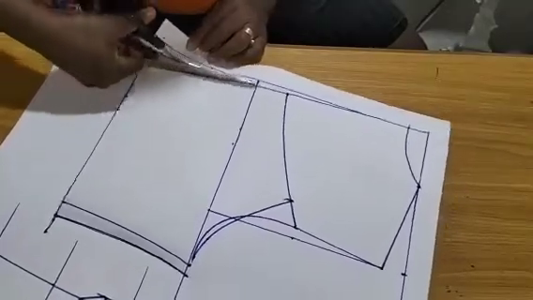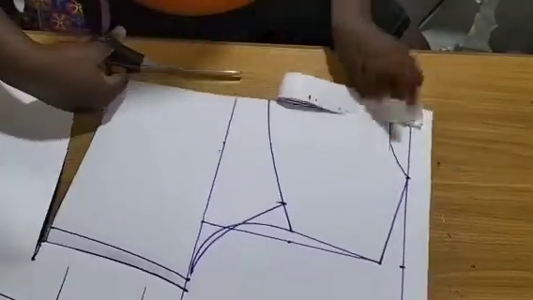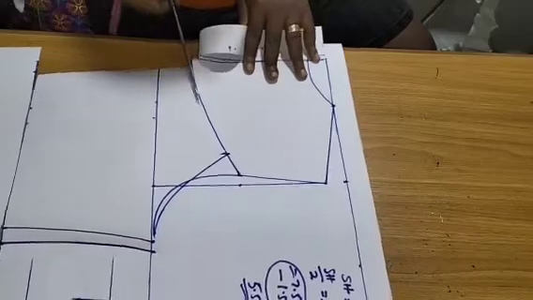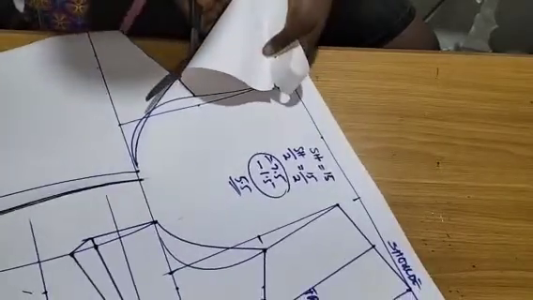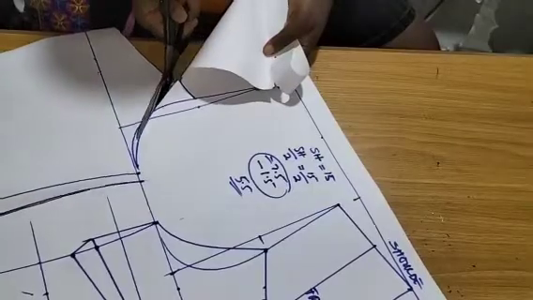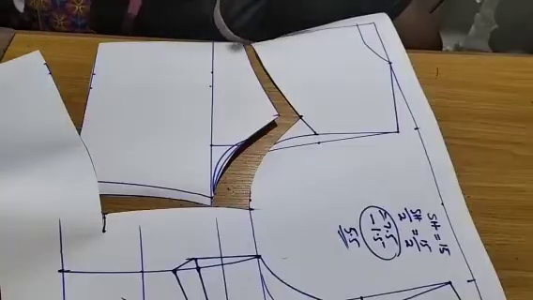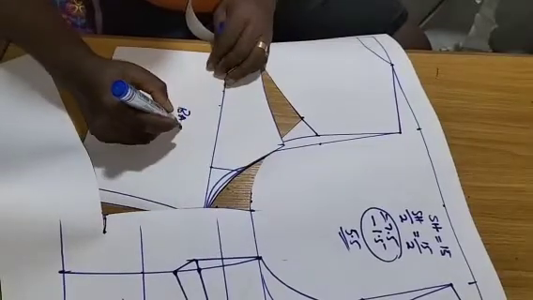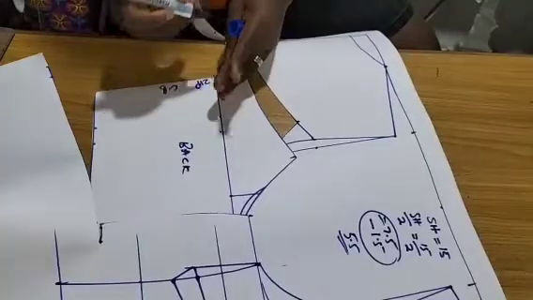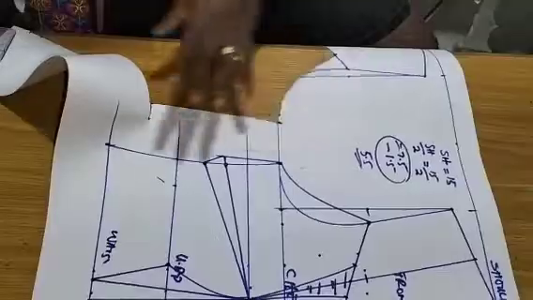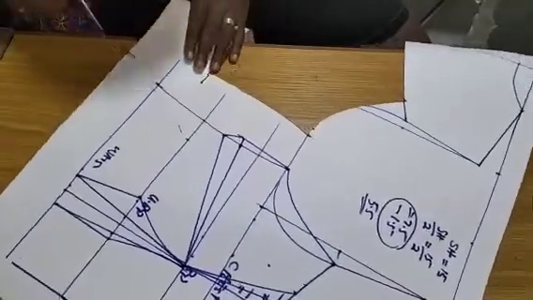So I'm cutting mine, then I'll cut through here. Once I get to this point, I'll take it to this part. Can you see? So this becomes the back, and this is the center back where we have our zip. I'll set it aside. That is the back pattern for this off shoulder cape dress.